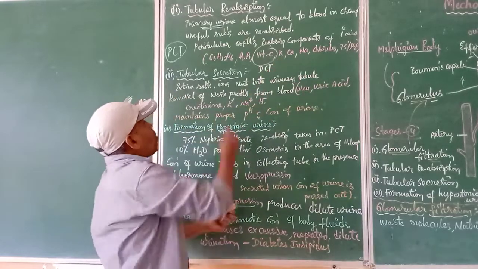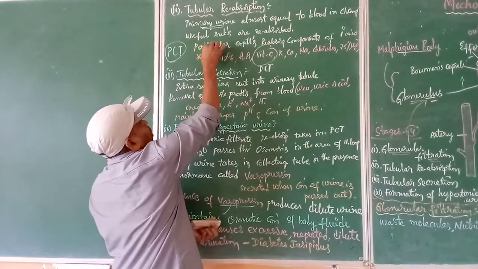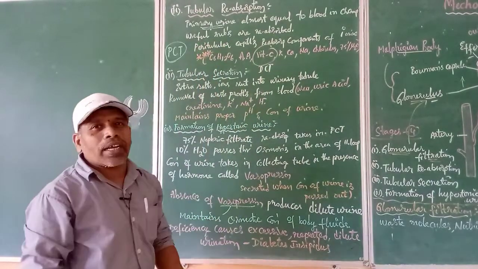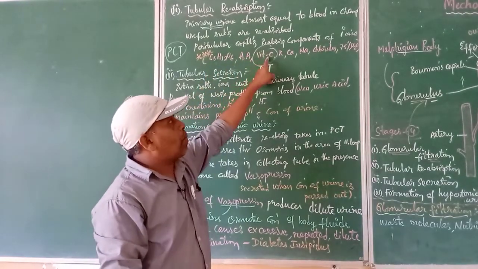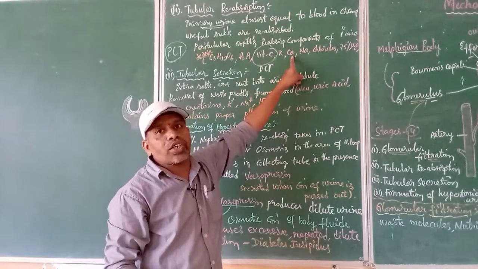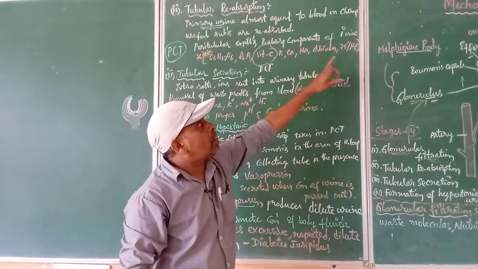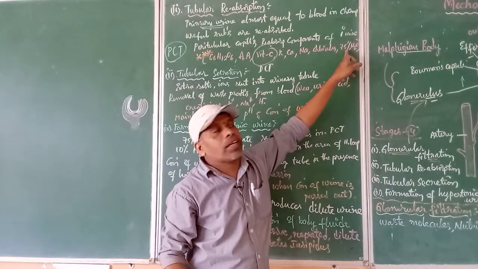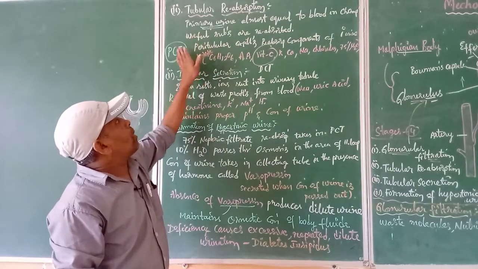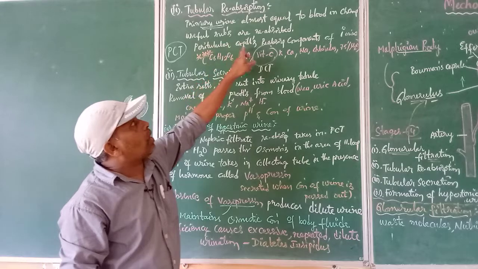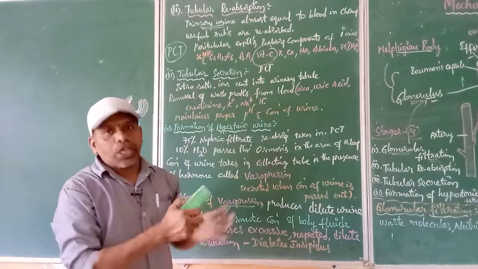All these are reabsorbed. Most important, they cannot be eliminated directly outside. So once again: glucose, amino acids, vitamin C, potassium, calcium, sodium, chlorides, and 75% of water. All this happens in the PCT, by the peritubular capillaries which surround the renal tubule.